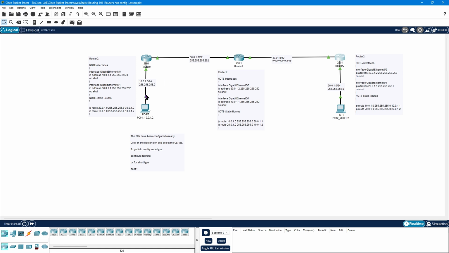I did it this way just for brevity, to be quick. I don't want you guys falling asleep and drooling. So basically, in this lesson we configured static routes. We showed that for anything to work, you have to define both ends.